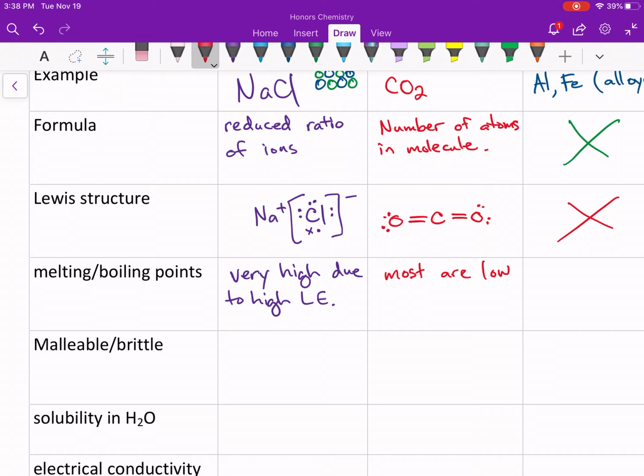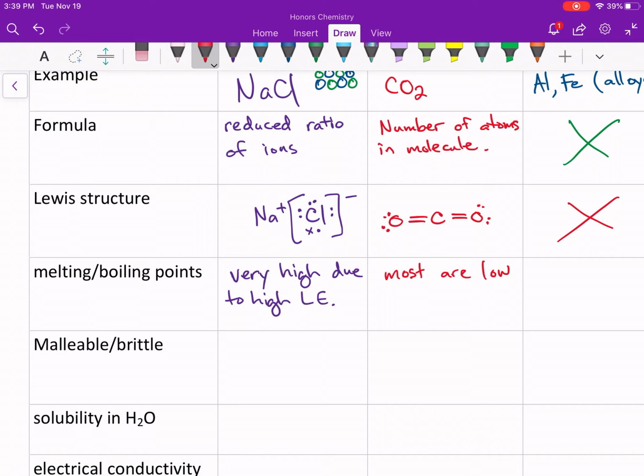But for the most part, your covalent compounds, think about things like sugar, relatively low melting point. Gases like methane, CH4, NH3, which is ammonia, those are gases at room temperature, so low boiling and melting points. And then things like plastics that are solids at room temperature still have pretty low melting points.